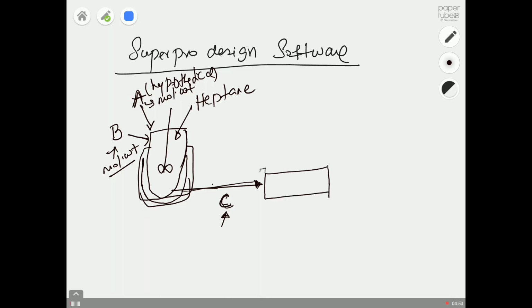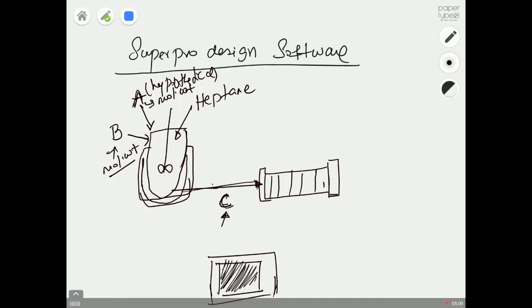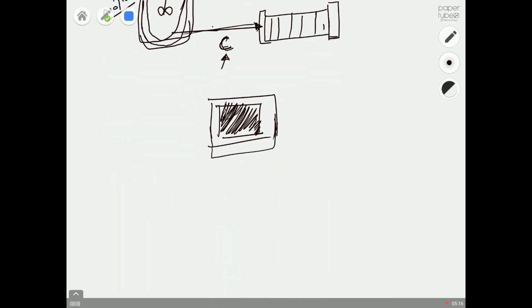We are going to filter them using a plate and frame filter. I hope you all know what a plate and frame filter is. It is like a frame covered with some cloth, and you arrange this type of setup, a frame with filtering cloth, in series: one filter, second, third, fourth.